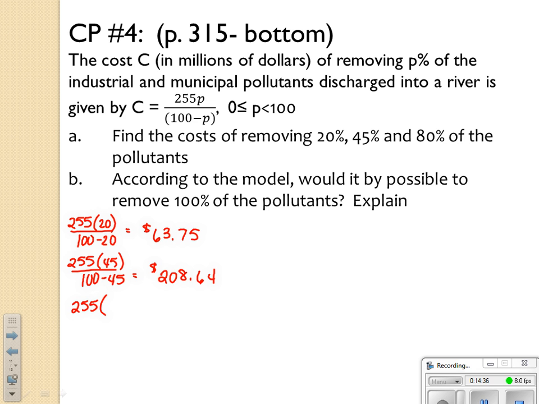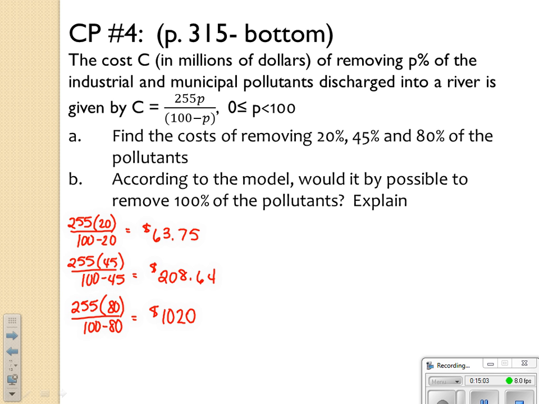And then it said to do 80%. And this one came in at $1,020. Okay, so like in my head I guessed, the cost definitely does go up quite dramatically with increased percentages of pollutants that we're trying to remove so that they don't discharge into this river.